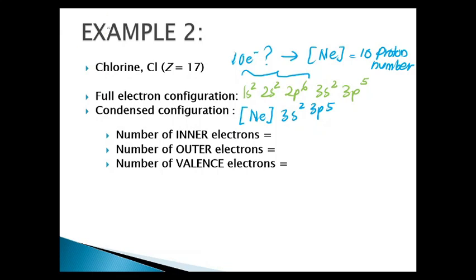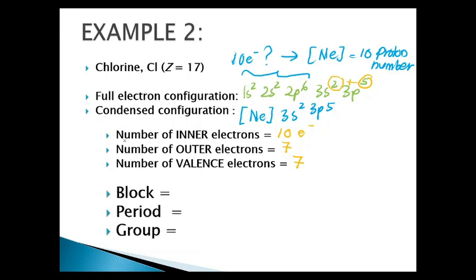The number of inner electrons is 10. The number of outer electrons would be 2 plus 5, 7, and the number of valence electrons would be 7 as well. To determine the block, period, and group, you have to determine the valence electron first, which for chlorine is 3s2, 3p5.